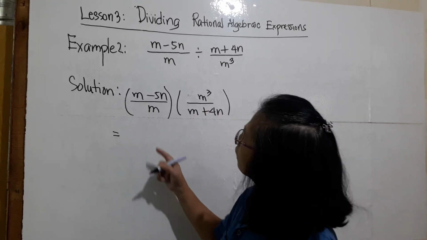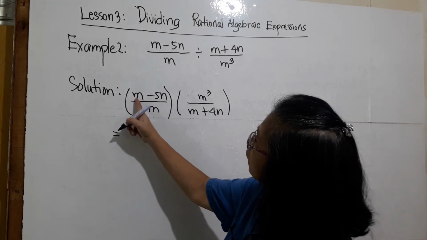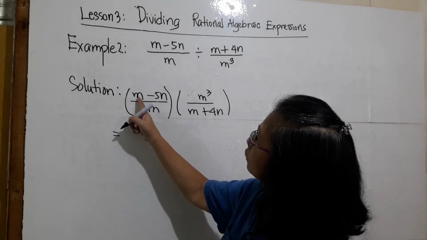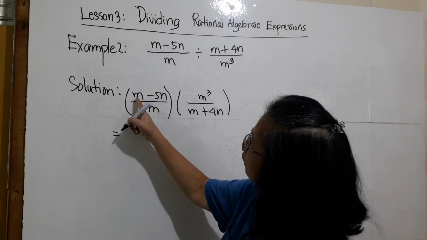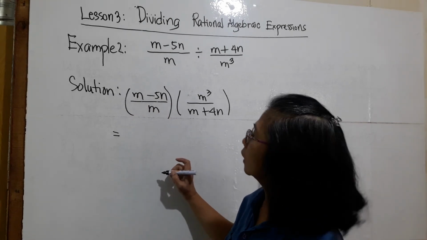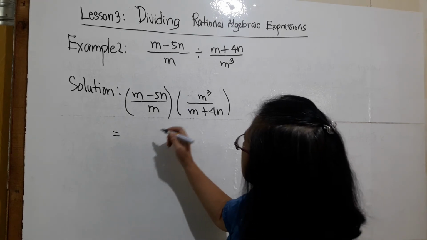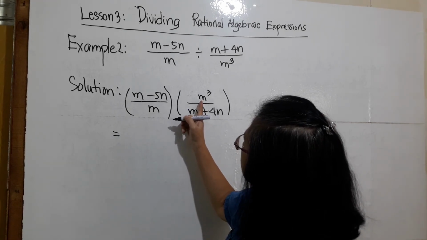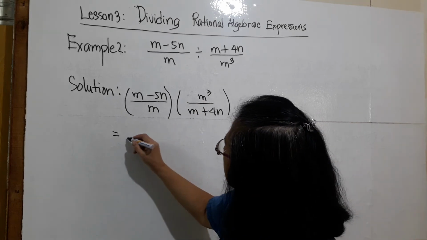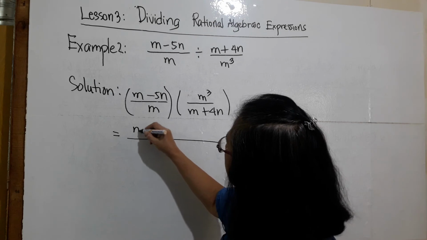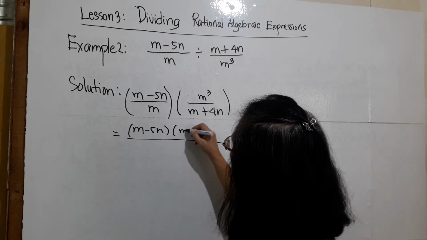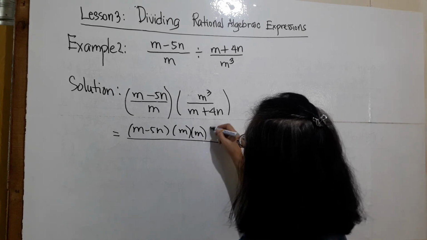Okay. In here, in the numerator of the first factor, do we have a common factor between the first and the second term? I think none. Okay, what about the numerator of the second factor? Can we factor? Yes, we can. So we have to copy only m minus 5n times m times m times m.